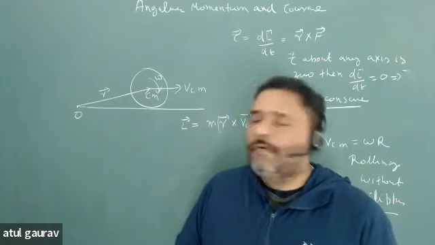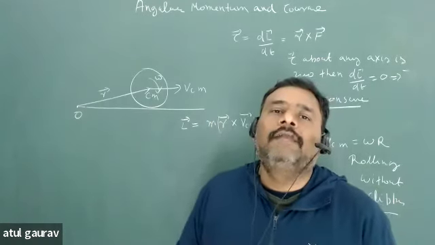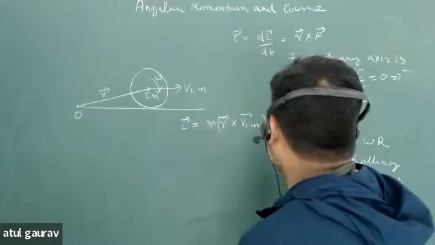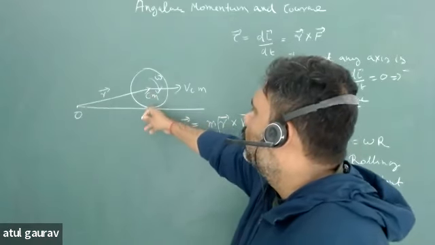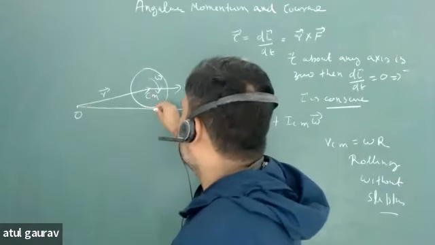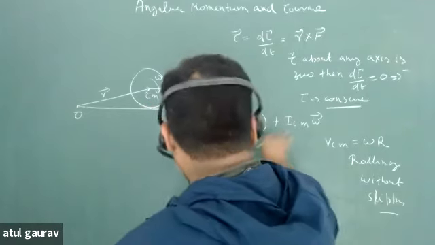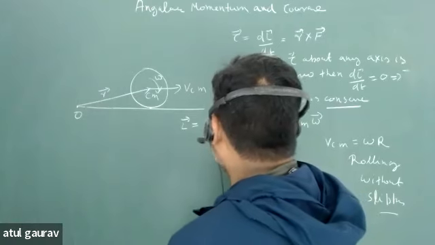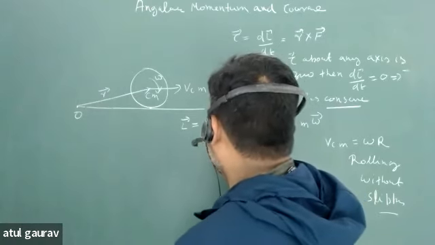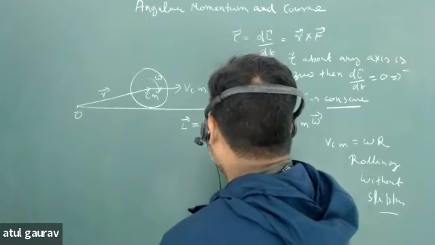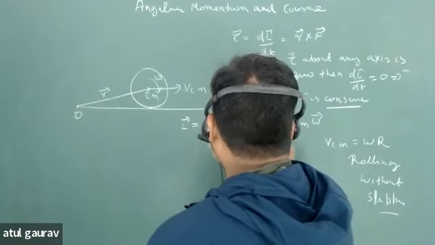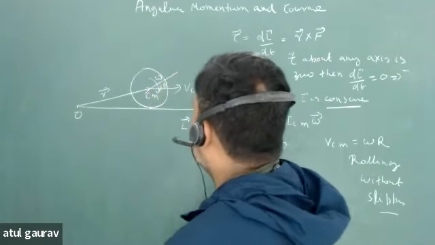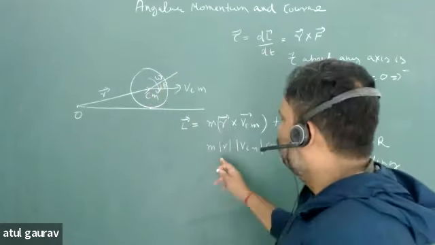But sometimes you will find that 2 points can be equivalent points. For example, here I can take this particular point, and if it is going through rolling without slipping, so what is M R cross VCM? Can I write M mod R mod VCM into sine of the angle between R and VCM, isn't it?